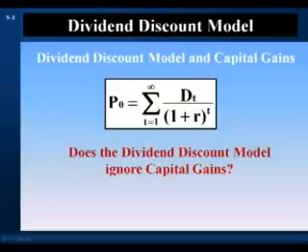So does the dividend discount model ignore capital gains? Some say that the dividend discount model is implausible because it ignores capital gains. But that's not true. The model assumes that the return on investment in any period is determined by the cash dividend and the capital gain. And let's show that.